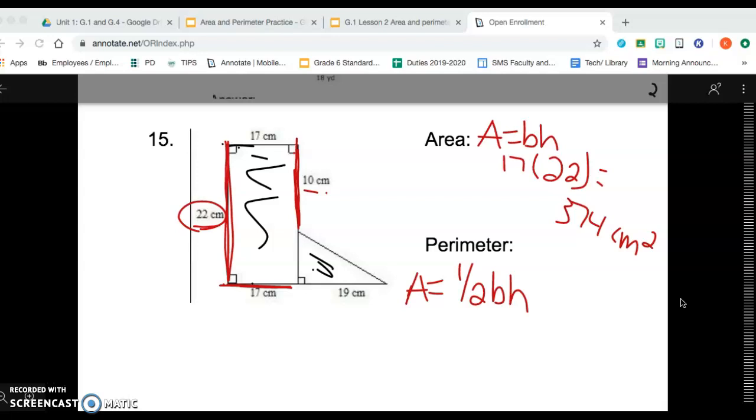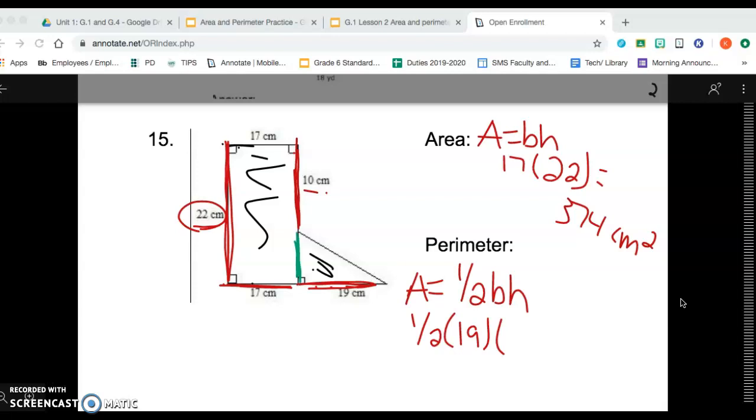So we know that the base is 19, so that one's easy. So it's going to be 1/2 times 19 times, and then the height. So we need to find the height. So this is our height. This one's a little bit tricky, but you just have to look at the information you have.